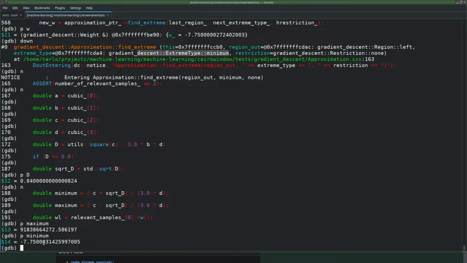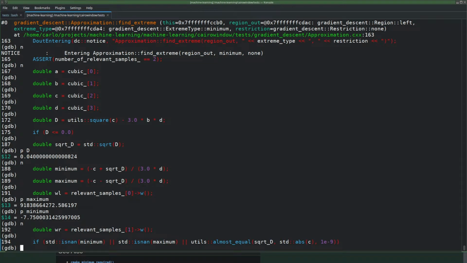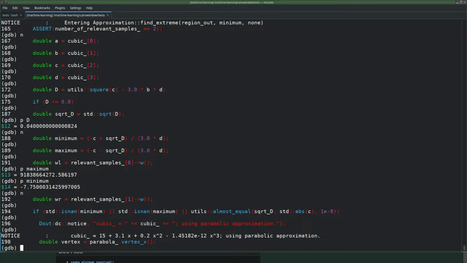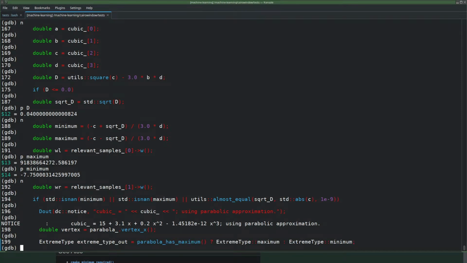This is slightly larger, so slightly more negative, slightly on the left of the actual critical point. Oh, we're talking about parabolas here.